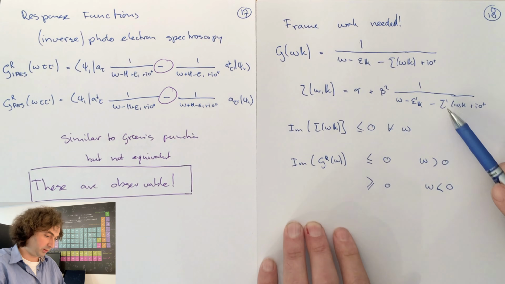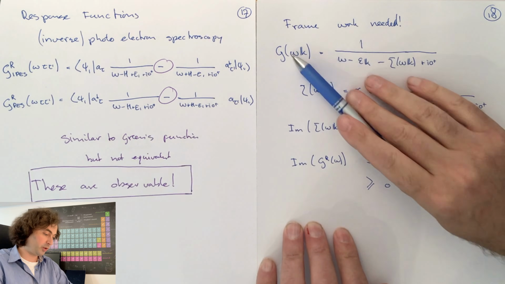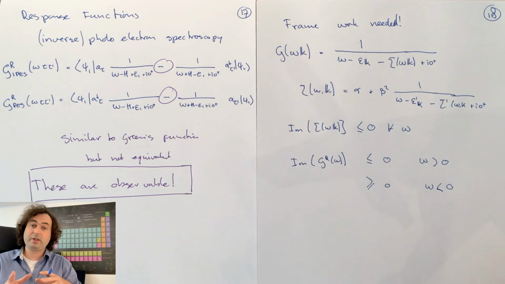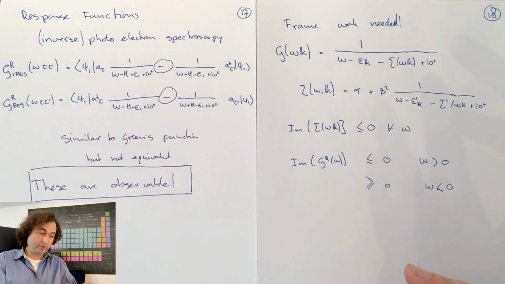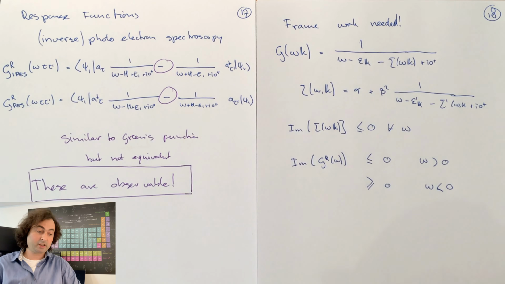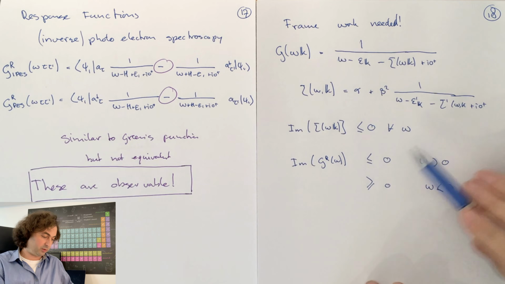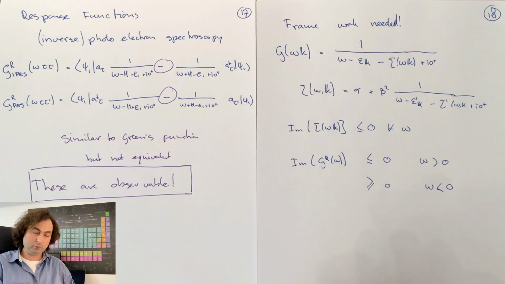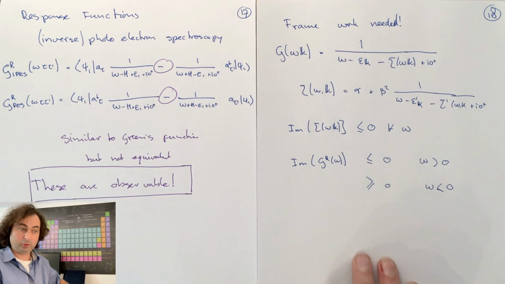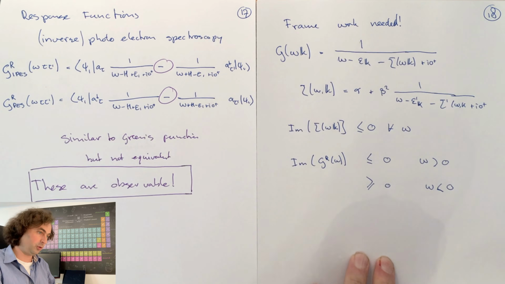So if I would put in real response functions here, the real response, the one that you would actually measure, and then couple this to the rest, and I would do that for the retarded and the advanced part separately, then you would see that things go wrong. So we have to decouple this and find a different way to define our Green's functions with respect to the true response functions that you measure.